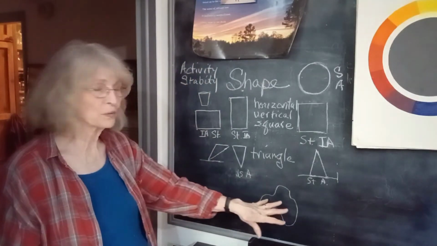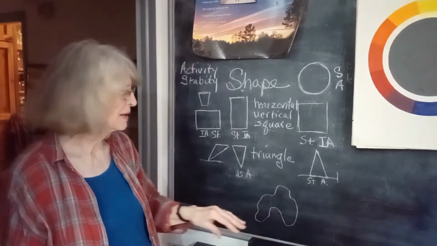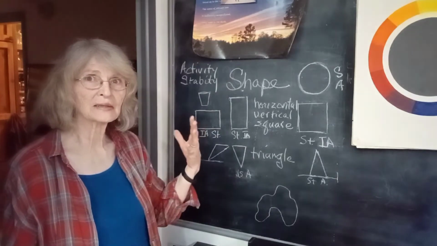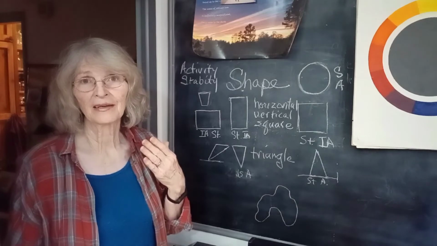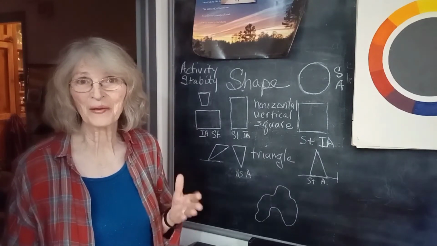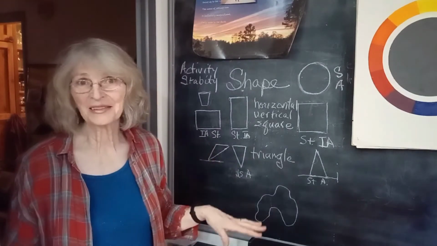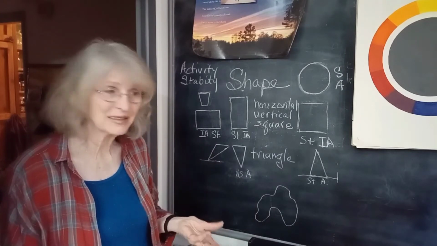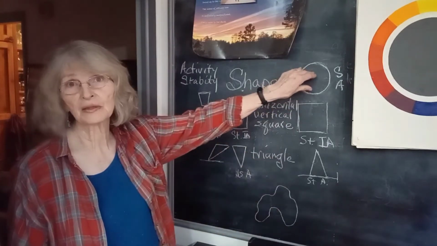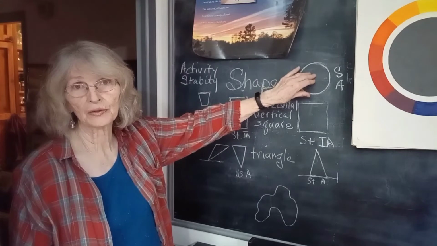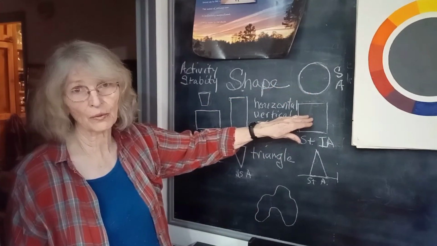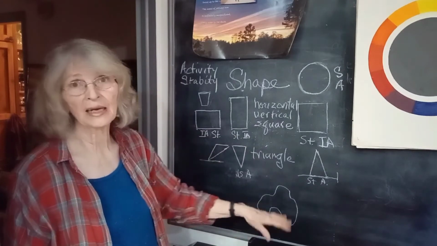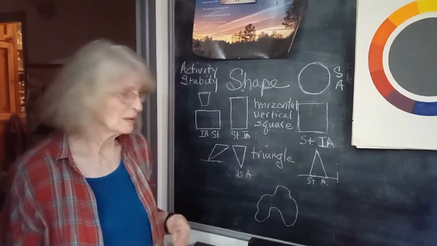And when you have a random shape, it is totally dependent on your shape, whether it is stable, unstable, active, inactive. It will never be as stable as the circle, and it will never be as stable as the square. But it can be a very stable piece.